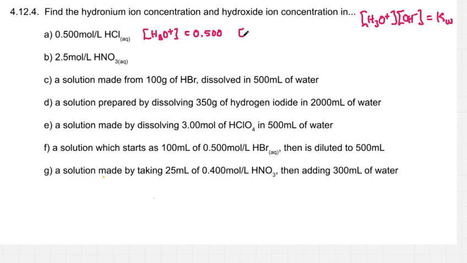Now we need the OH, and you'll get that by doing this formula. Divide both sides by H3O, and you get hydroxide is Kw divided by H3O, so 1 times 10 to the minus 14 divided by 0.5. Dividing by 0.5 is the same as multiplying by 2, so we're just going to get 2 times 10 to the minus 14 moles per liter of hydroxide.